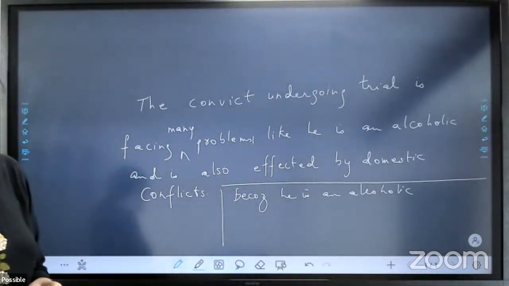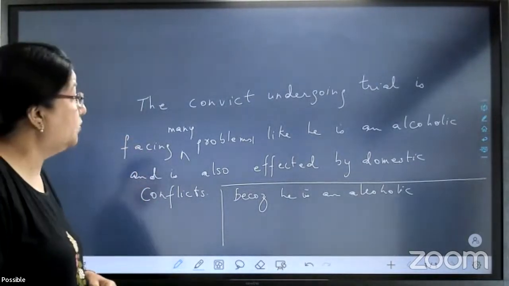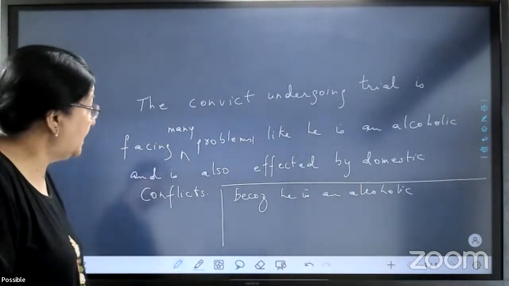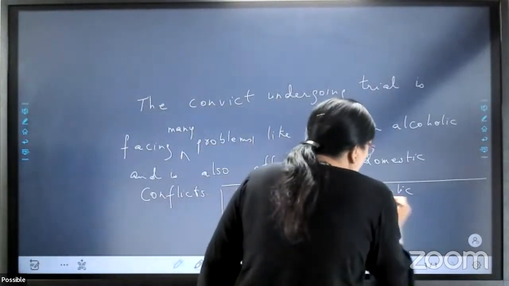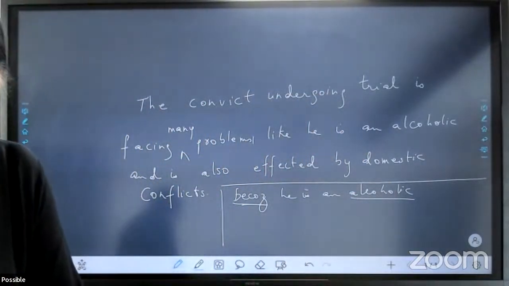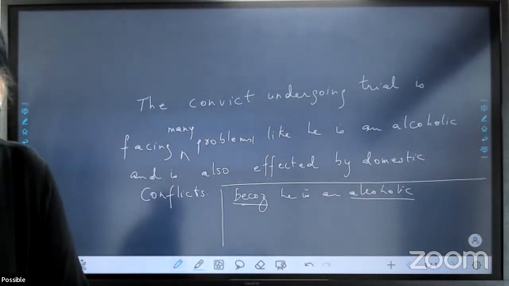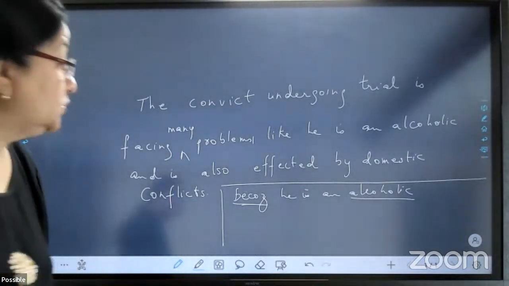Can you see, I put all the problems of his life as the convict is facing many problems. I have put everything on alcoholism. I have blamed that the problems in his life are because of it.